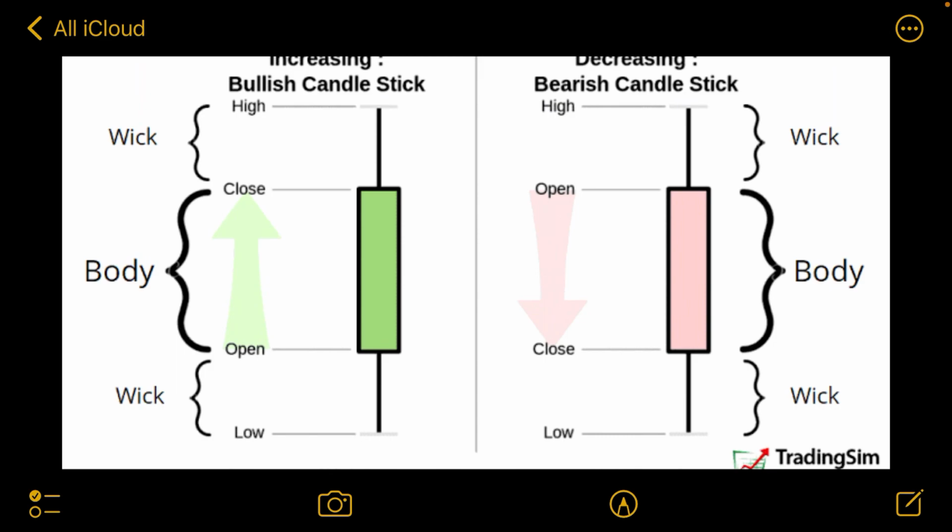It's just that the opening price varies depending on the candle. We would not expect a candle going up to open from the top, and we would not expect a candle going down to open from the bottom. So the opening of your bullish candle is usually at the bottom just before it forms the low, and then it takes off.